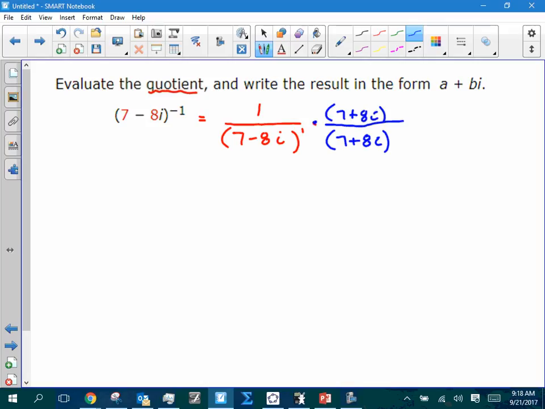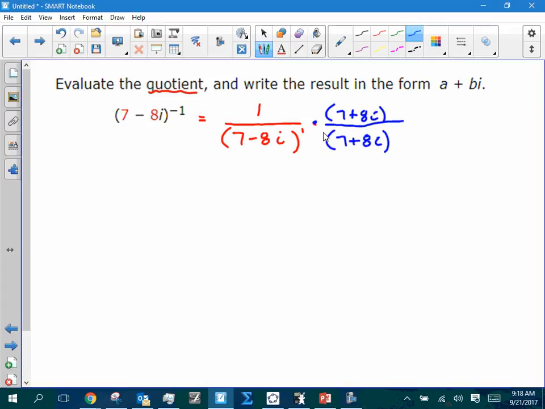In the past, I would get people on tests to multiply by the conjugate that's on top. So if I had a 2 plus 3i up top, they would multiply the top and the bottom by 2 minus 3i. Well, that keeps a complex number in your denominator, and just by general rules, we don't like complex numbers in denominators. That's why we choose the denominator to use its conjugate.